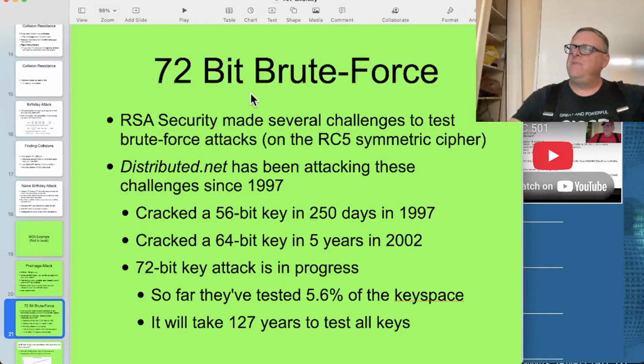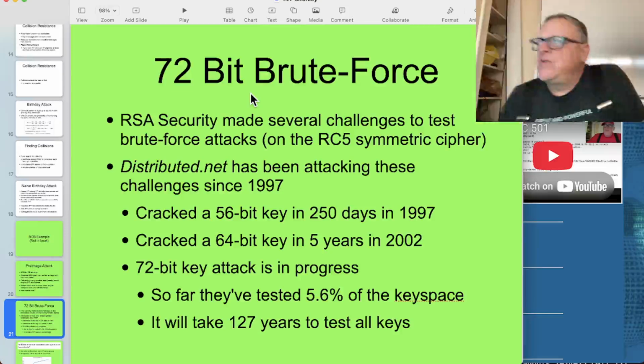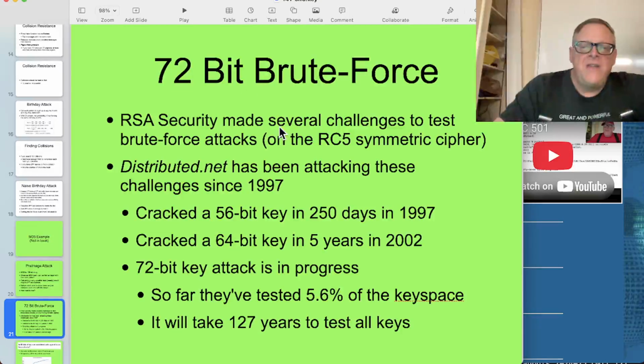The 56-bit cipher, DES, was cracked in the late 90s by a brute force attack. They were able to do 2 to the 56 calculations with a network of about 10,000 servers in the 90s. And RSA Security made a bunch of challenges. A 64-bit key was cracked with 5 years of computing in 2002.